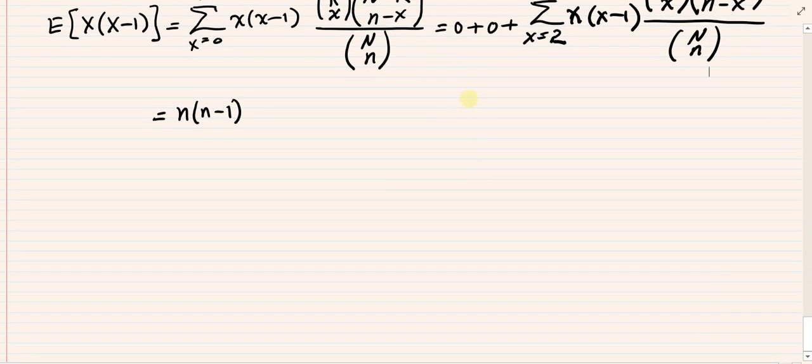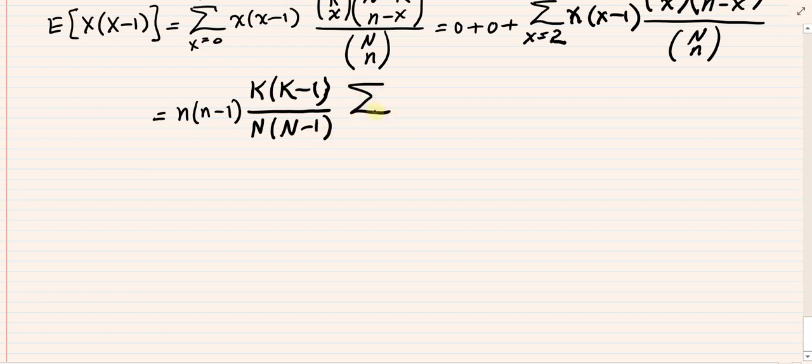Okay, so this is going to be n minus 1, and then we go k minus 1 over n minus 1, and then the sum, x equals 2. Remember we counted 0 and 1, so x is going to go from 2 now to n, right?